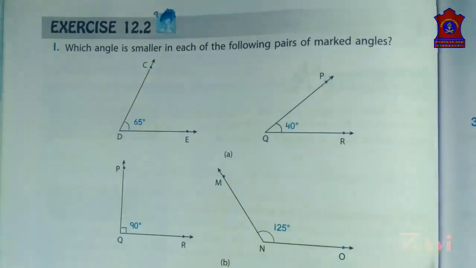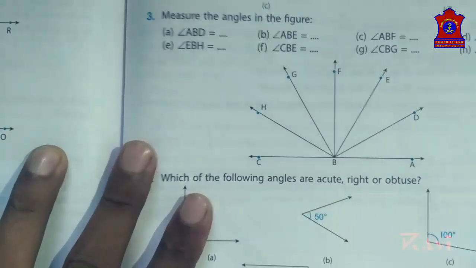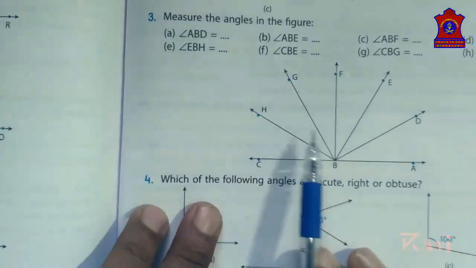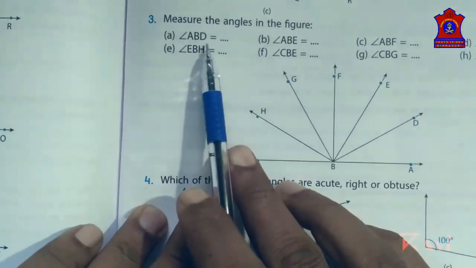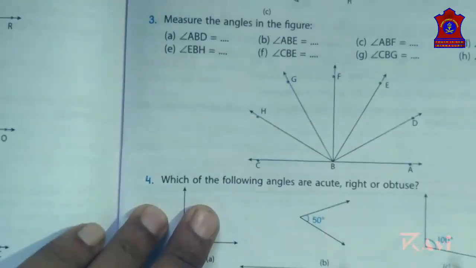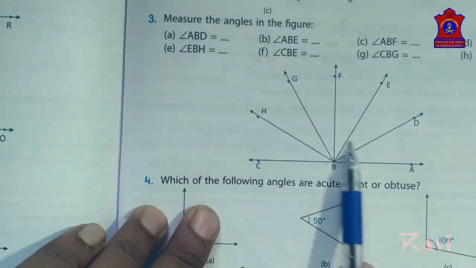Now let's move to question number 3. Look at this question. See, a figure is given, and you have to measure these given angles. See here, the measurement of the angle is not given.